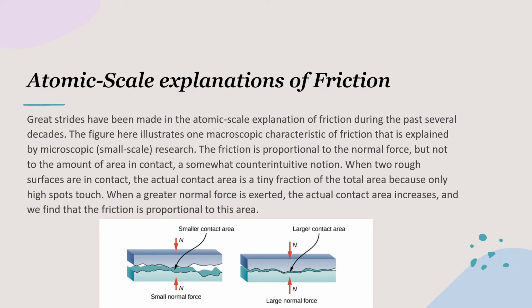When two rough surfaces are in contact, the actual contact area is a tiny fraction of the total area because only high spots touch. When a greater normal force is exerted, the actual contact area increases, and we find that the friction is proportional to this area.